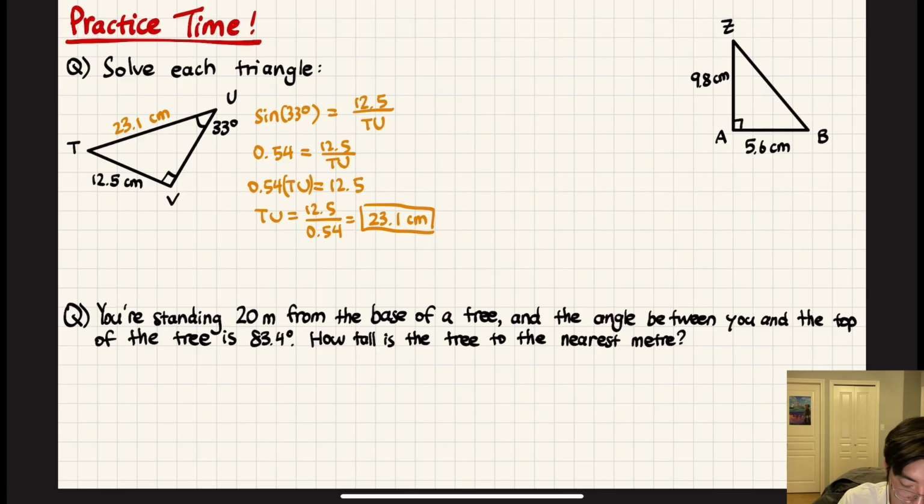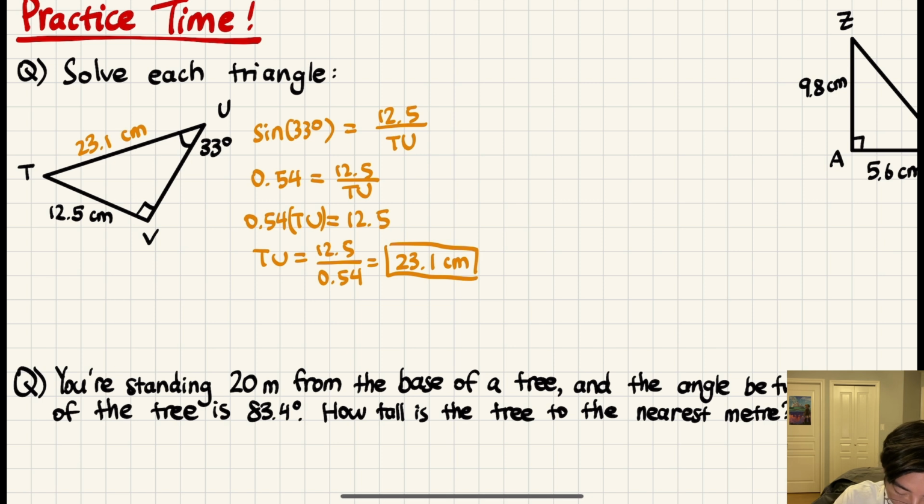Okay? We'll move the other triangle out of the way for the time being, just to get more space. Now let's find the second line here. This is the second line we're looking for. We have the tangent of 33 degrees, which is opposite over adjacent. So that's opposite, 12.5 again, over adjacent, which is UV.